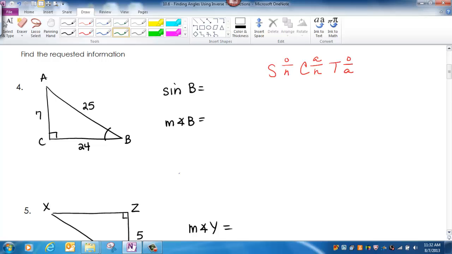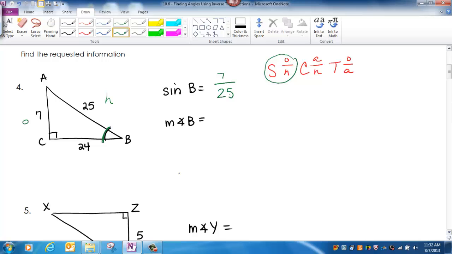So remember, sine here is opposite over hypotenuse. Okay, so if we're at angle B, then the opposite side is the 7, and the hypotenuse, always across from the right angle, is 25. So sine of B is 7 over 25.